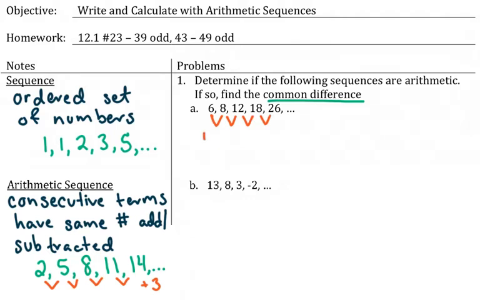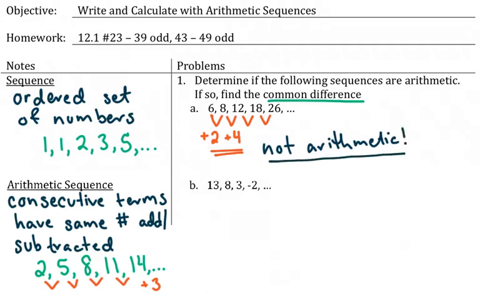Well, 6 to 8 is plus 2. 8 to 12, oh, that's plus 4. So you can see this is not the same. It is not in common. So this is not arithmetic. And you actually don't have to keep going. Once you find 2 that are different, obviously check your work, but that's enough to prove that it's not arithmetic.